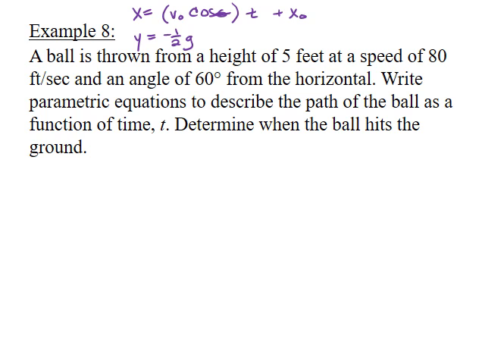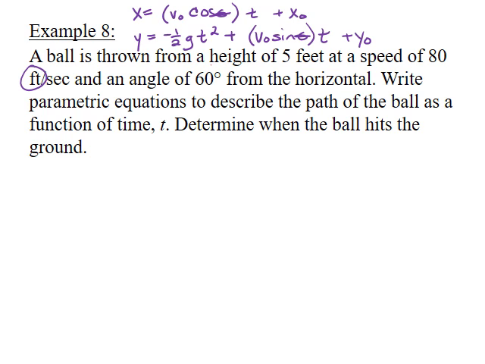And in our case, we're dealing with feet, so we're going to plug in 32 for g times t squared plus the initial velocity times sine of theta times t plus the initial height. Okay, so let's read through this equation and try to identify each piece.